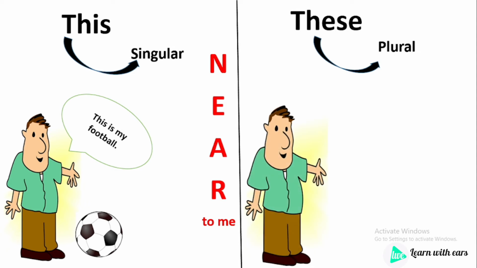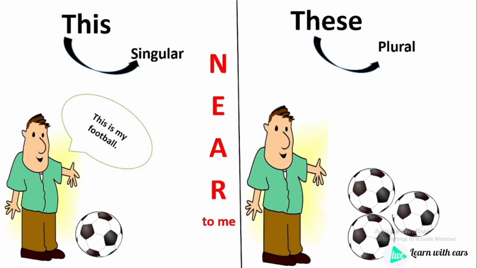Okay, here there are many footballs near to me, so I'll say these are my footballs because they are plural and close to me. Here this is my football because it's one, and near. And here these are my footballs because it's plural. Okay, it's not one, it's not single, it's plural.